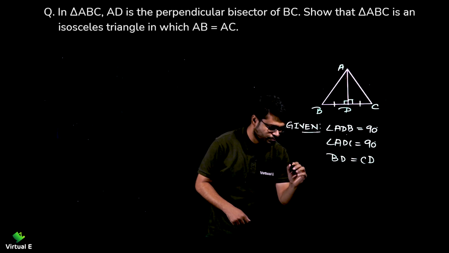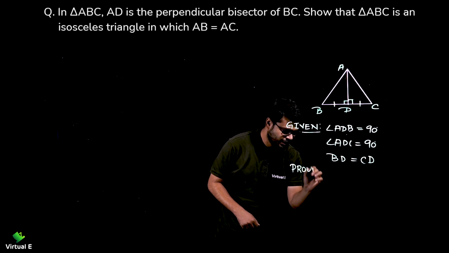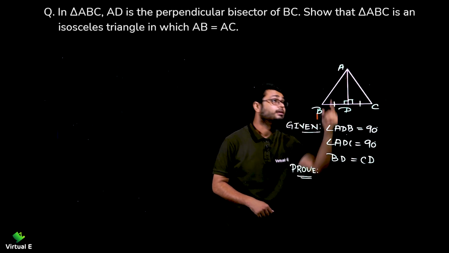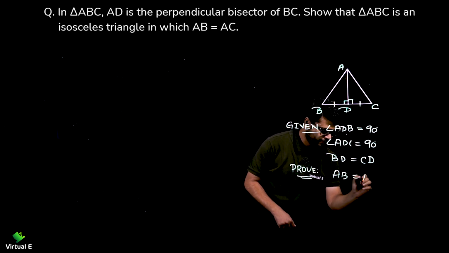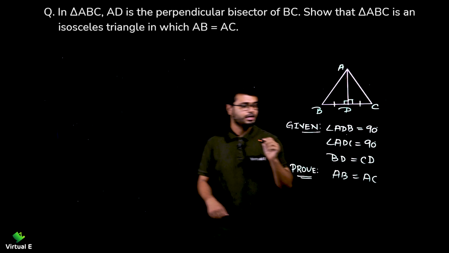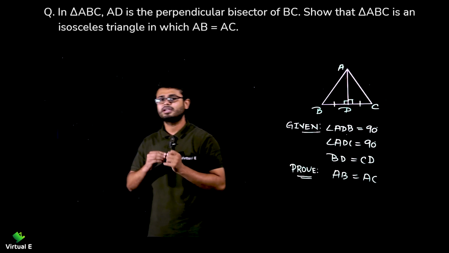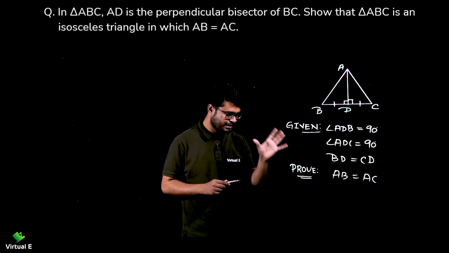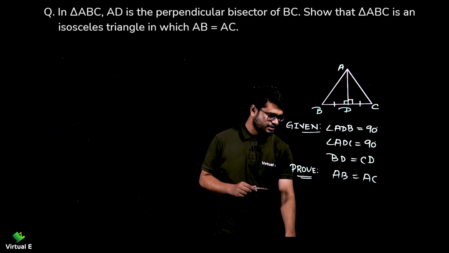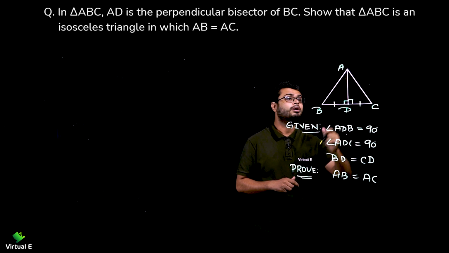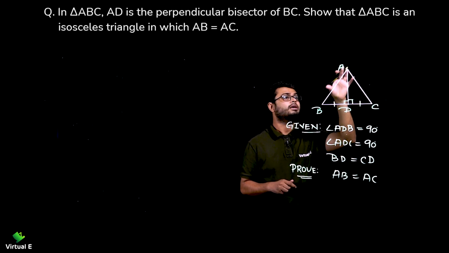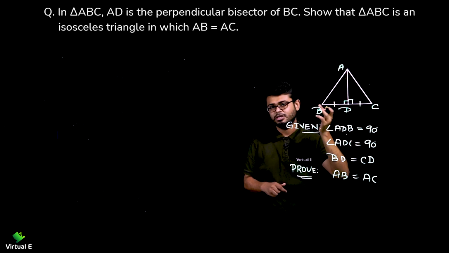And what we need to prove? We need to prove that AB is equal to AC. Now I told you, whenever you have this kind of conditions, you always need to identify which triangle these two sides belong to, right? So if we talk about AB, AB belongs to triangle ABC as well, right?